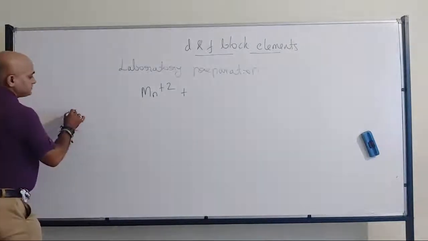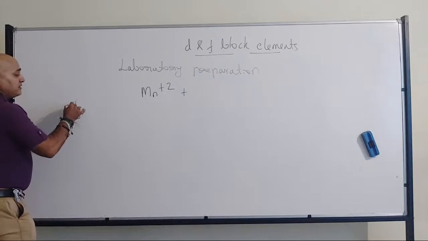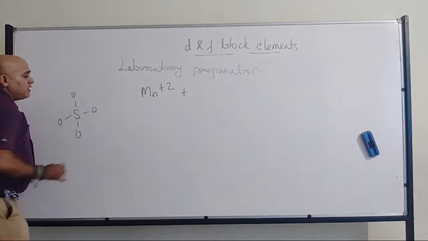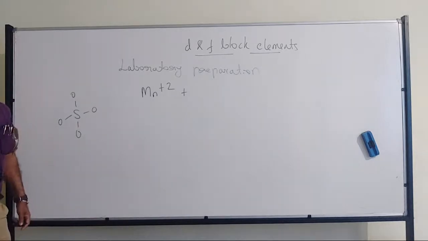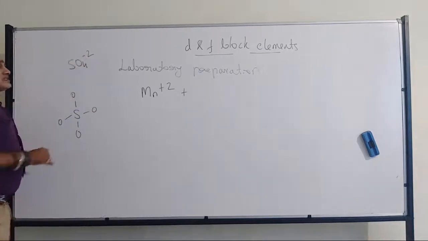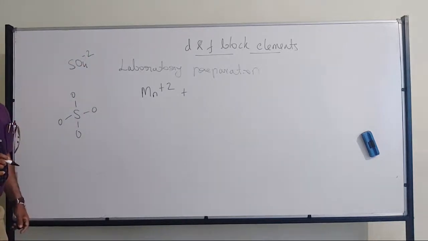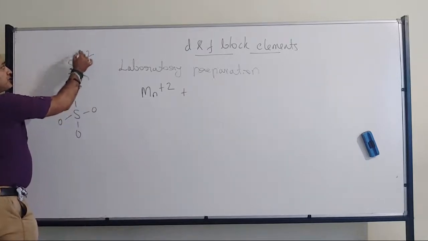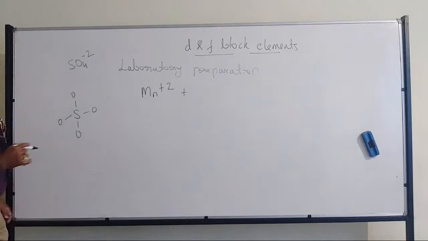Persulfate. What is sulfate? Where I have the oxygen, oxygen, oxygen. Right? So H2SO4, SO4 minus 2. That is the sulfate ion. Right? Sulfuric acid H2SO4, because 2 hydrogens neutralize the minus 2 charge.